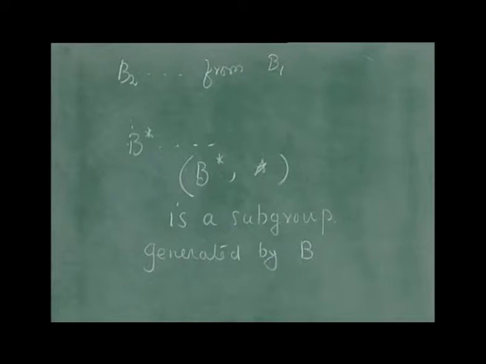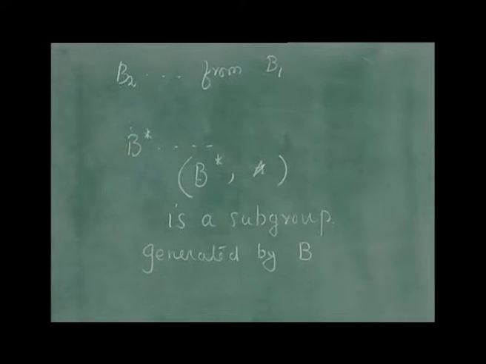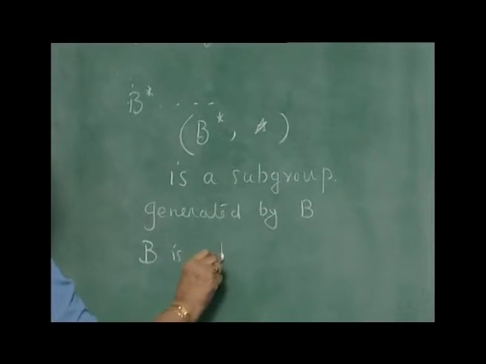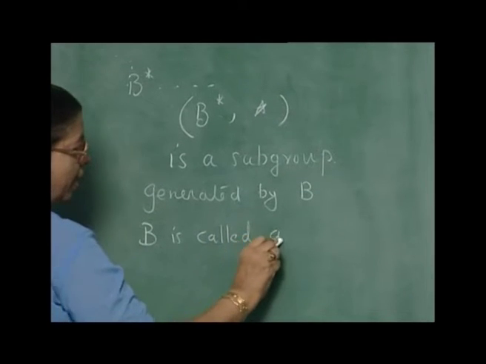Because it is closed, you get that it is a subgroup generated by B. B is called a generator.